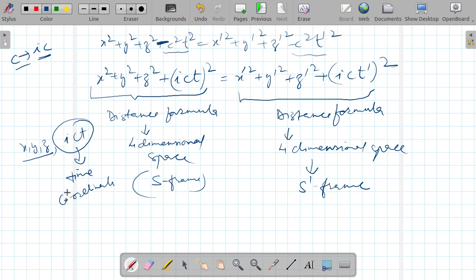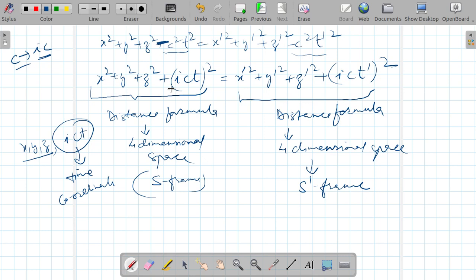So that means it's not an interval. It's not a distance of a point from the origin in space, but it is the distance of a point in space-time. It is the interval between events.